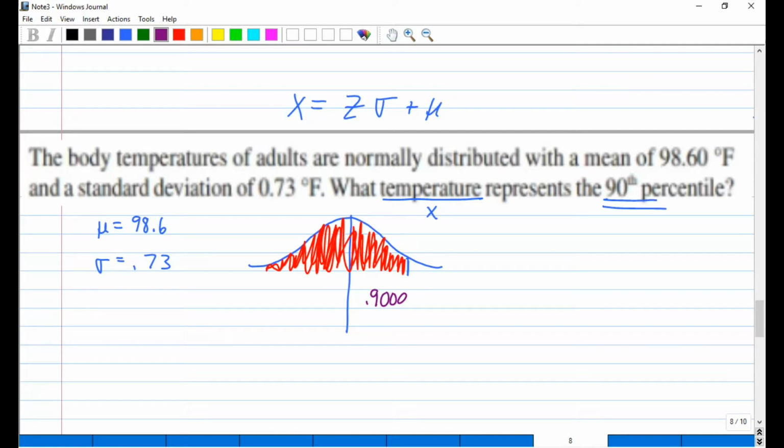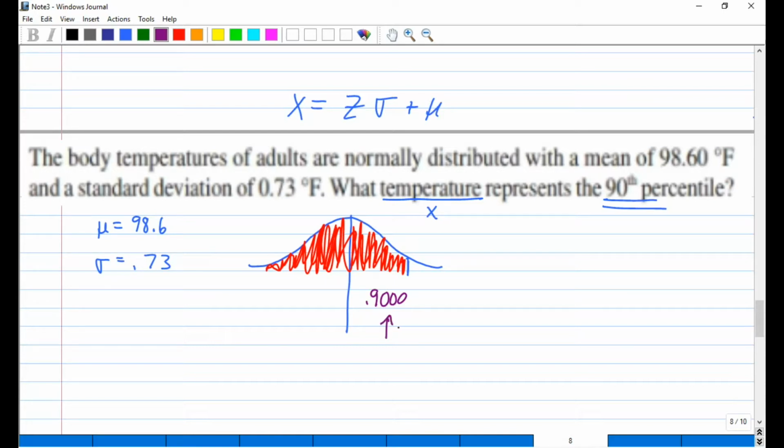And it's going to be what? Positive 1.28. That's 0.8997. 0.8997 is very, very close to 0.9000. It's 3 ten-thousandths away. Man, that's about the same as what we just did with the 10th percentile, isn't it? There is a relationship there because of symmetry.